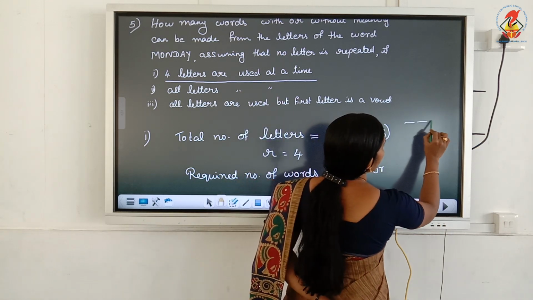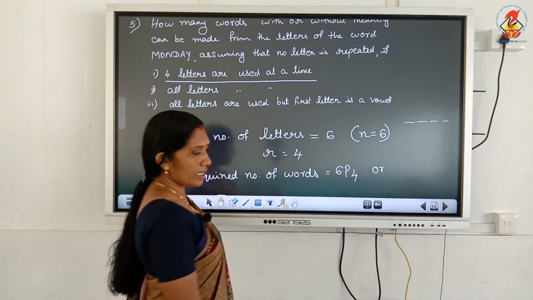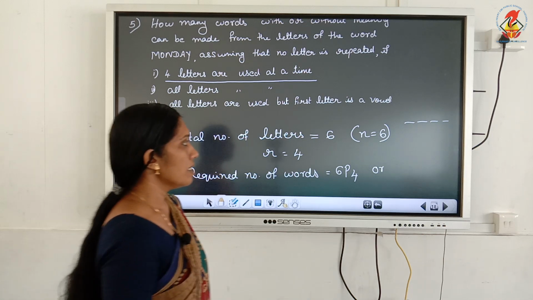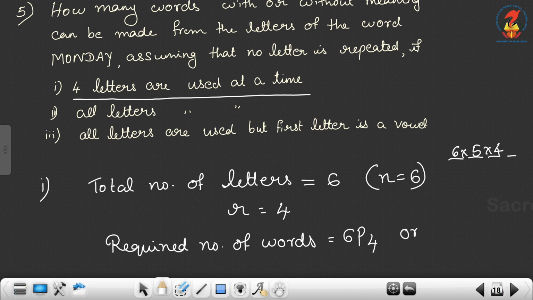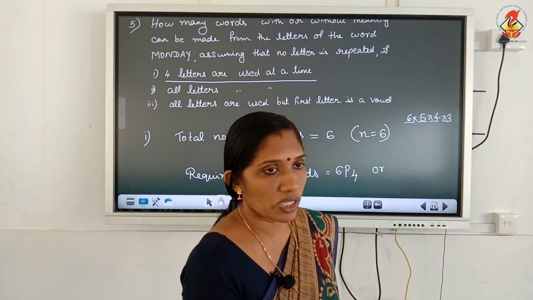Or how to write, children? 4 places and 6 letters, isn't it? So we can write 6 into 5 into 4 into 3. The first place we can fill in by 6 ways, second place 5 ways, third place 4 ways and last place 3 ways, since repetition is not allowed.